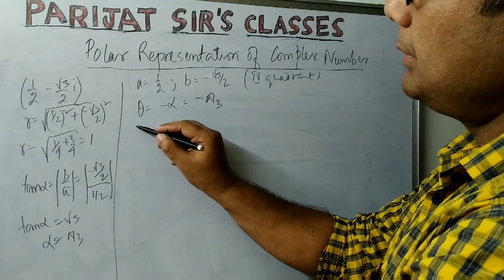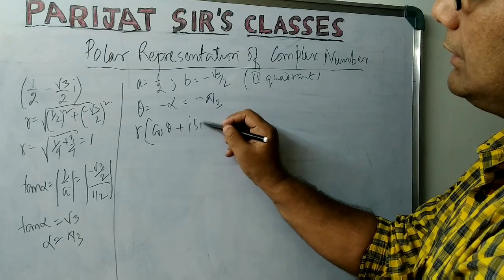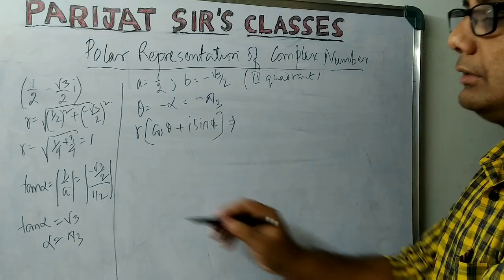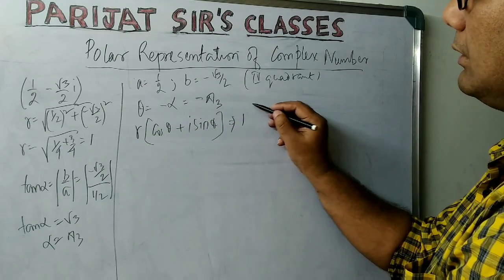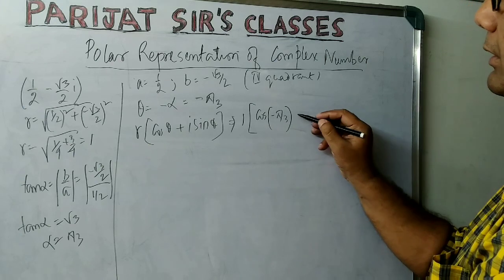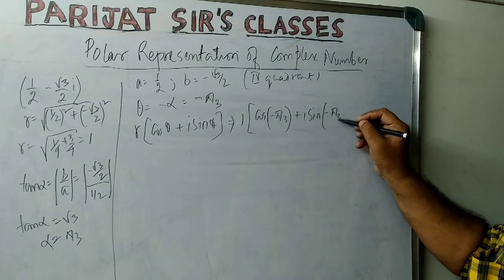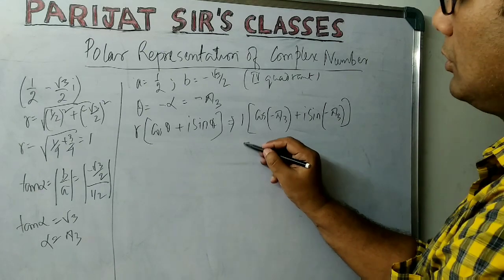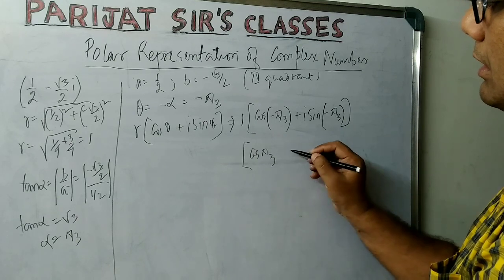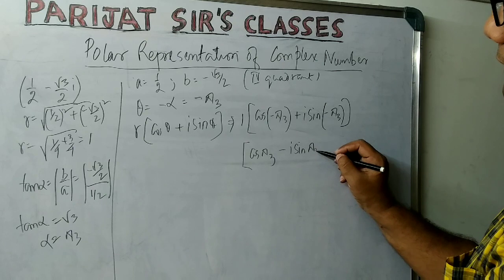So my representation will be r, which was cos theta plus I sin theta, will now be written as r is here 1. So it is cos minus pi by 3 plus I sin minus pi by 3, and we know cos minus theta is cos theta and sin minus theta is minus sin theta.